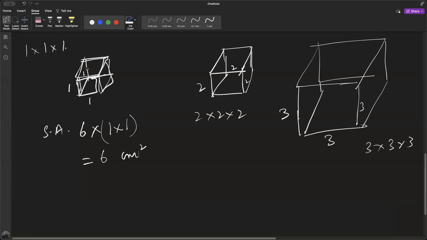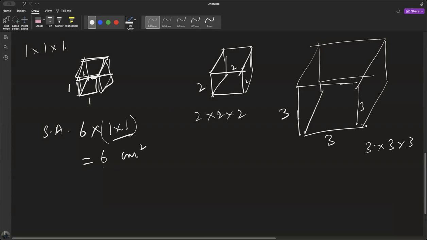So the area of each surface is 1 by 1, length into breadth, right? So how many sides are there? 6 sides are there. So it gives you 6 centimeters square. If it is not clear, I'll explain again. Don't worry. Did you get it, Hadia?